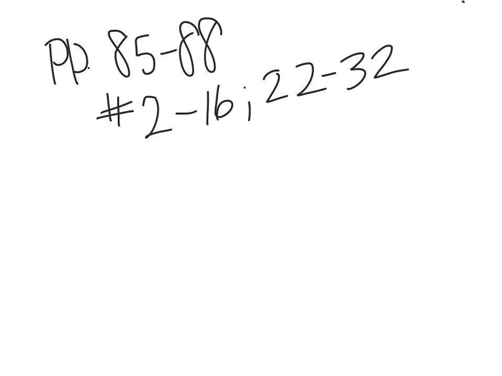Then the next one is number 16. It says, find two numbers that have square roots between 7 and 8. So I know what 7 squared is.